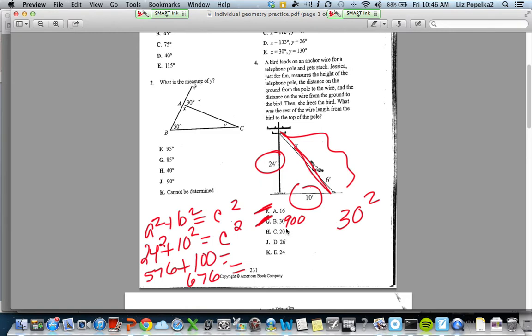If I type into my calculator 20 squared, that's going to give me 400, which is not 676 like I'm looking for. So now if I do 26 times 26, there it goes. Now it gives me that 676 that I was looking for. And again, guys, this is really complicated stuff.